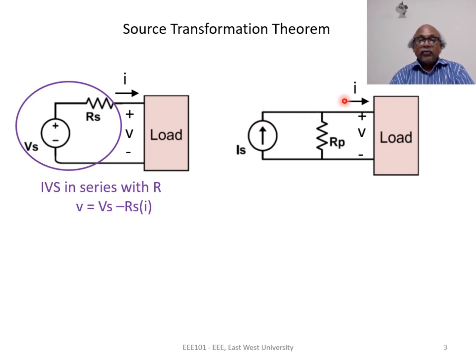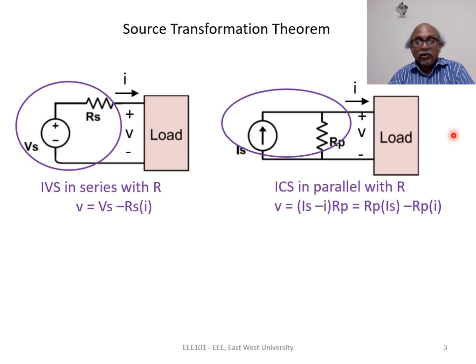Using KCL, we can see that the current flowing through Rp in the downward direction is Is minus I. So using Ohm's law, we can see that the voltage V is (Is minus I) multiplied by Rp. If we multiply the bracket out, it becomes RpIs minus RpI. So in both equations, the voltage V depends on the current I.